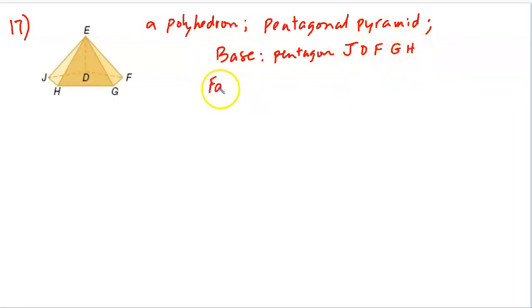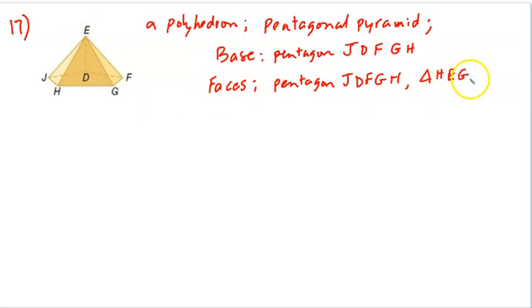The faces will include this pentagon. And then we have triangles. We have HEG. We have JEH.